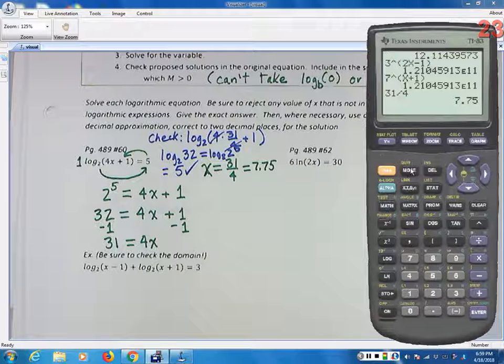Try alpha window on your calculators. And that gives you the choice to do different bases. Does yours do that? Yes. Okay.